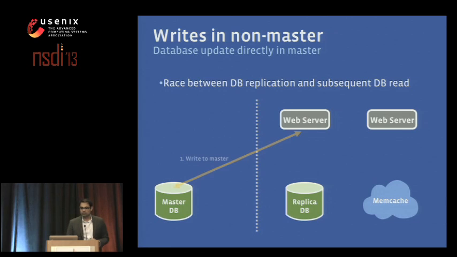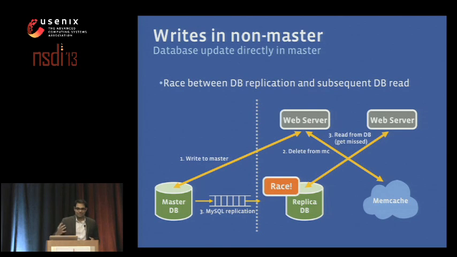A web server will actually just directly write to the master database. We'll make the cross-country connection and just write directly to it. The reason that we are okay with this is that we see 2 orders of magnitude more reads than writes. So we are a read-dominant system, not write-dominated. So we write to the master, and we delete from the local memcache. Great. So far we haven't had to make any changes.